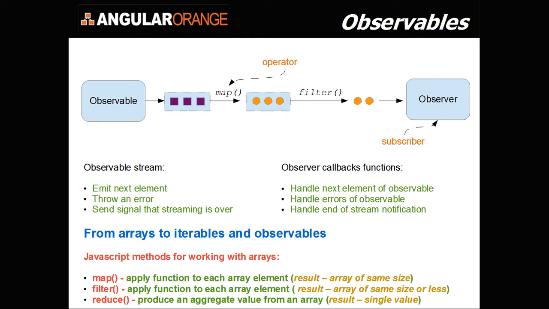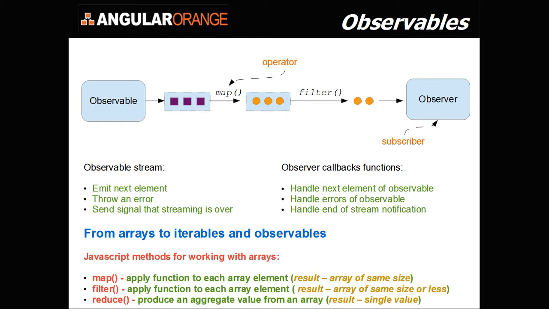It could throw an error. It could send a signal that streaming is over. But the observer callback functions handle the next element of the observable, handle errors of the observable, and handle end of stream notifications.